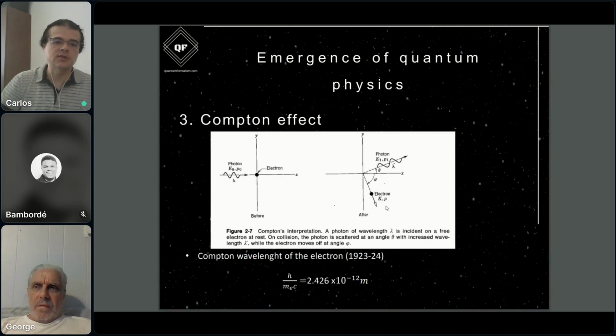That was also known from classical electromagnetism, from Maxwell. So the wave properties were known before, but this is new. They behave like a particle.